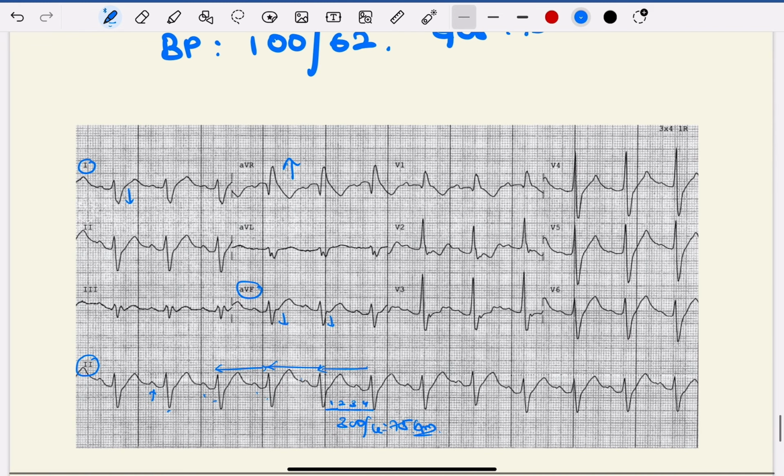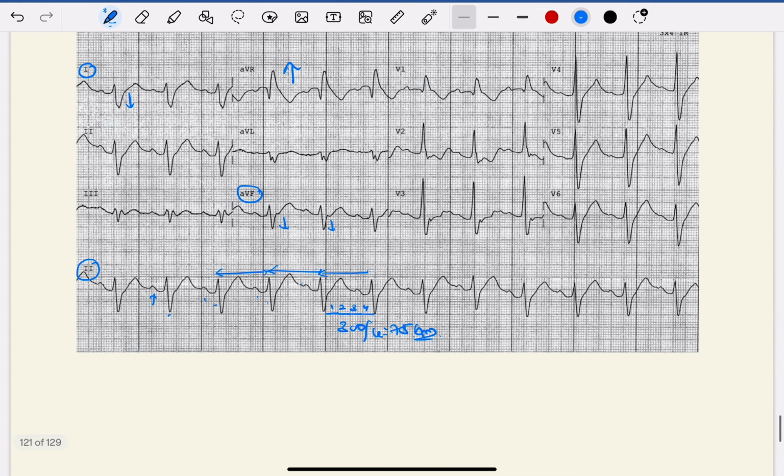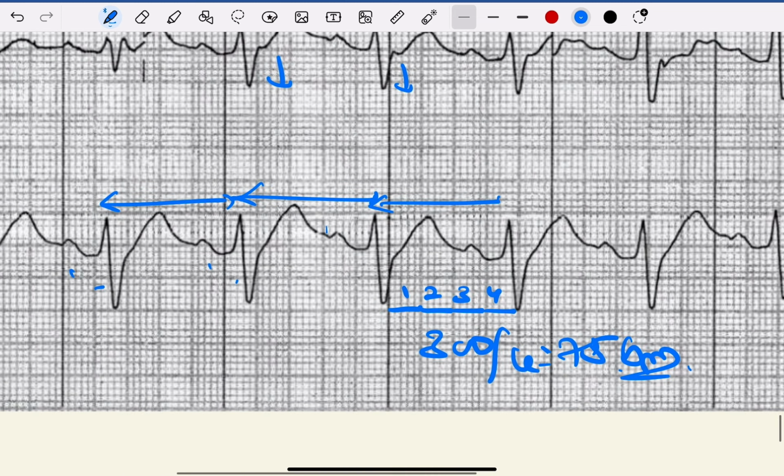Next, you have to look at the waves. Look at the QRS. What happened here? The QRS looks broad. Anything more than 110 milliseconds is considered a broad QRS, so obviously here the QRS is broad.